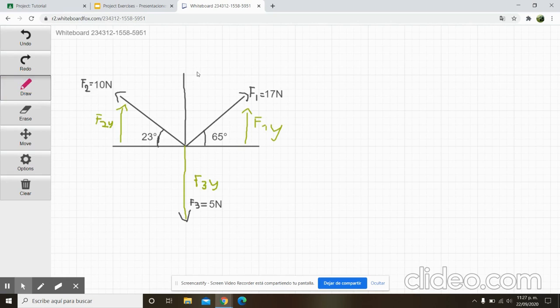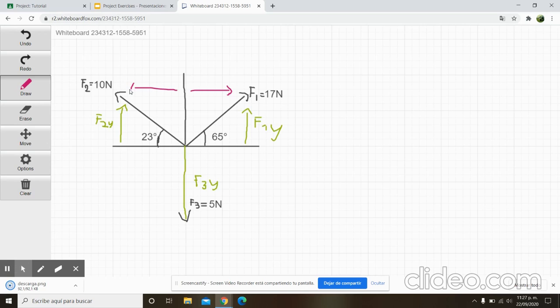Now we're going to search for the x ones. So we have one here and we have another here. We have others we can get here, but they are going to be exactly the same as this, so we're not going to make that.